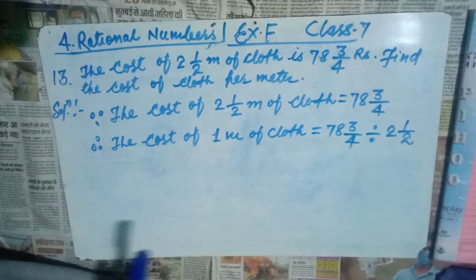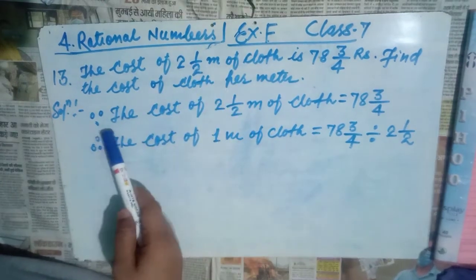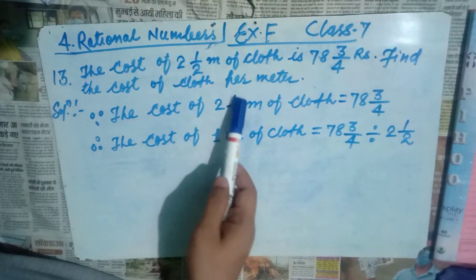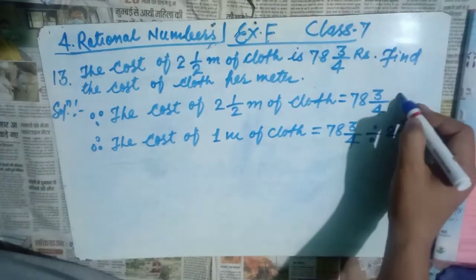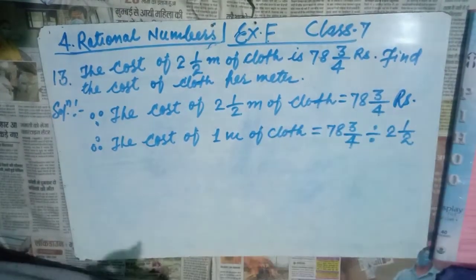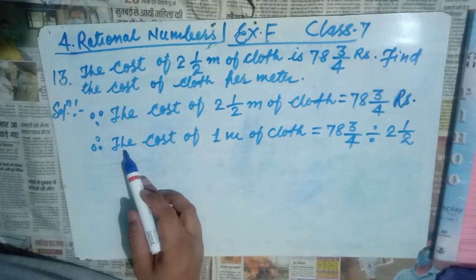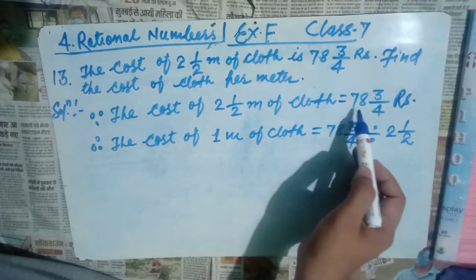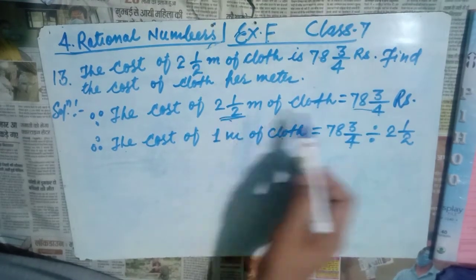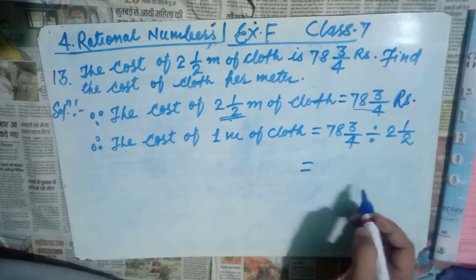how much. Okay, now see, whatever is given, write it down first. Since the cost of 2.5 meters of cloth is 78 and 3/4 rupees, okay, this is given. Now we have to find it for 1 meter, that means per meter. Hence, the cost of 1 meter of cloth is equal to this divided by 2.5. That means solve here.